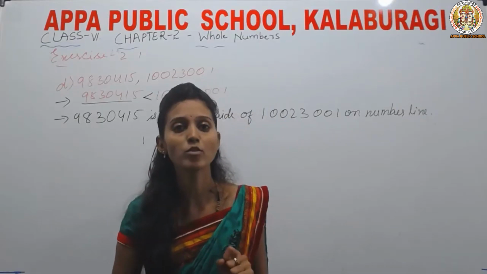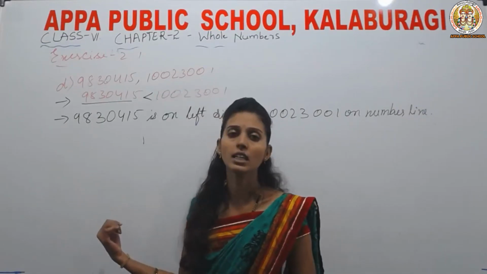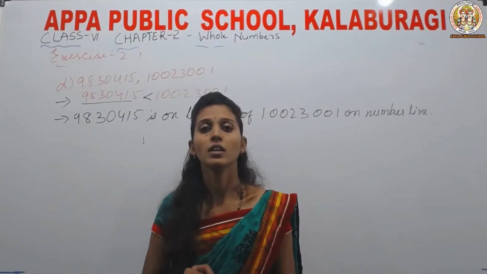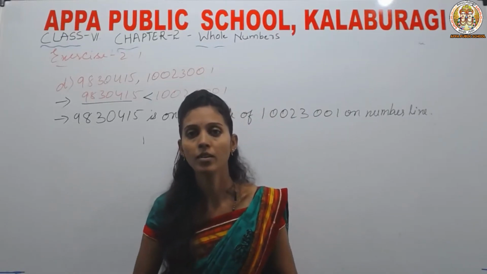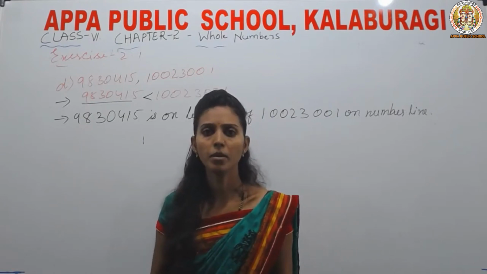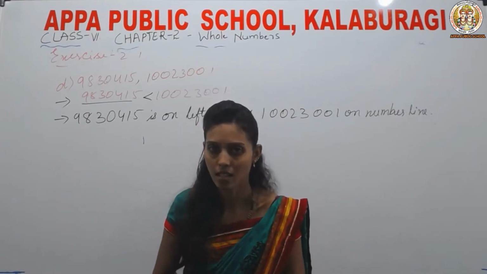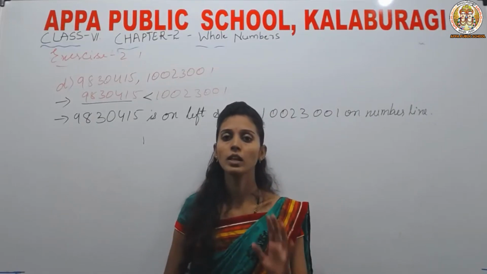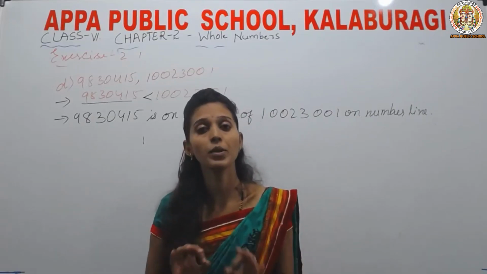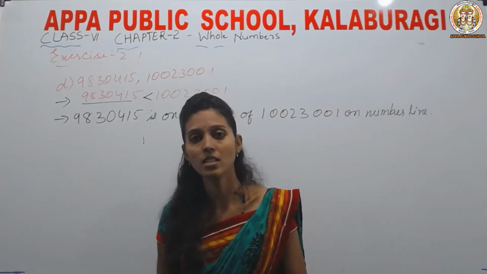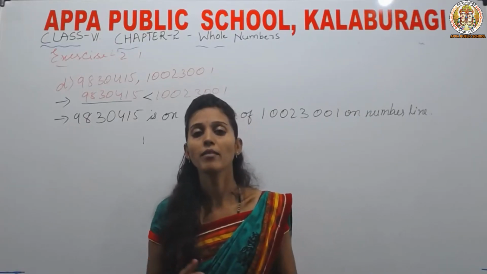In the next exercise, we have to use properties. Here, in this exercise, we did not use any properties. This is just an introduction part of whole numbers, right? Here, we just learned about whole numbers, natural numbers, and predecessors. Everything was about whole numbers and natural numbers. In the next exercises, we have to use properties.